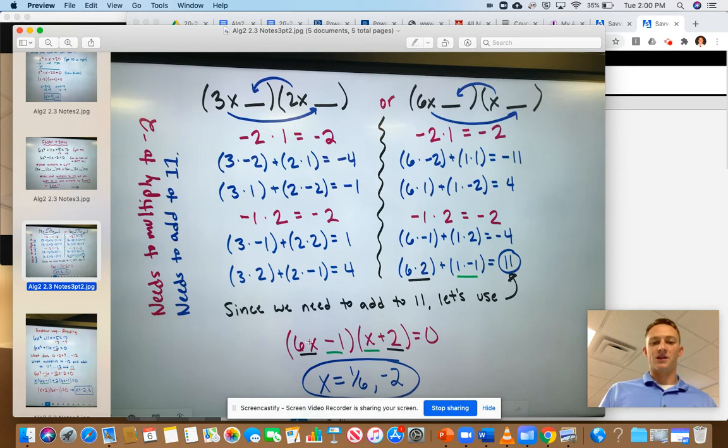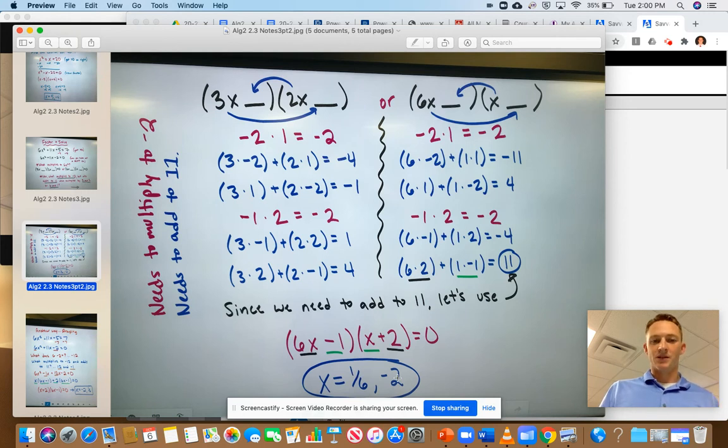So it's actually 6x, and then the positive 2 is on the outside. And then here in the green, 1 times negative 1, that's 1x. It's multiplied to the other inside, so there's our negative 1. So we kind of flip them around. So then we would solve for our answers, and our solution set would be 1/6 and negative 2.